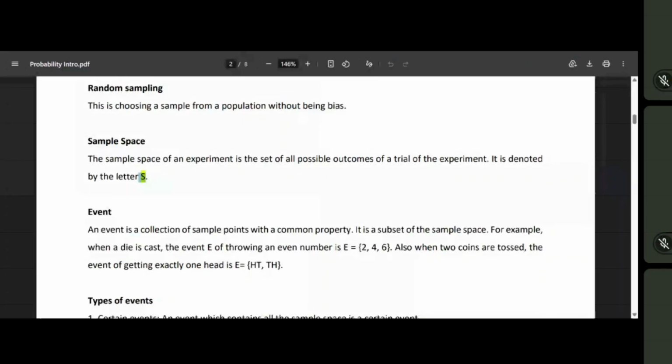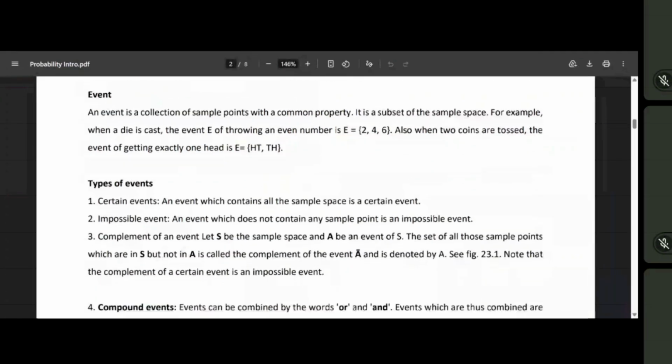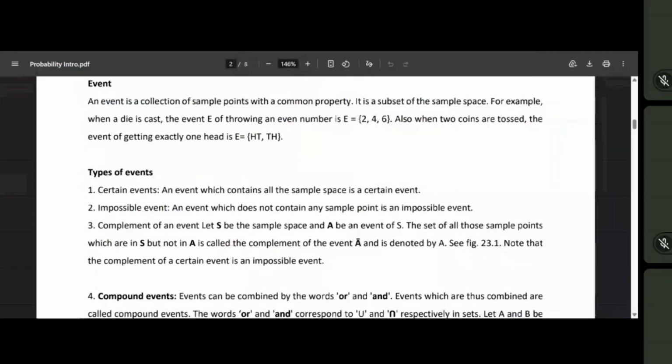So they have a common property. The common property they have is what? They are all even numbers. We'll be using them in the examples, and you get the explanation better.